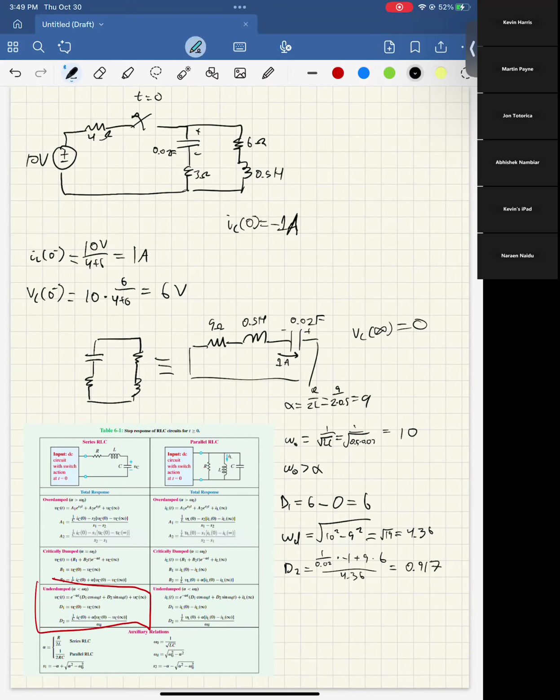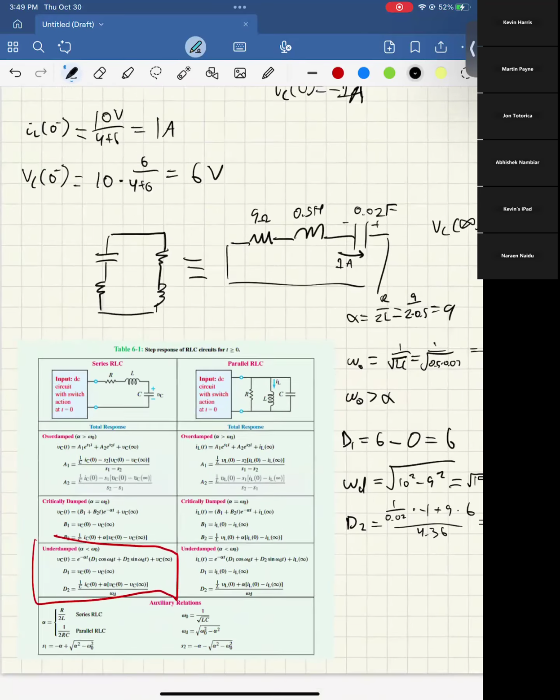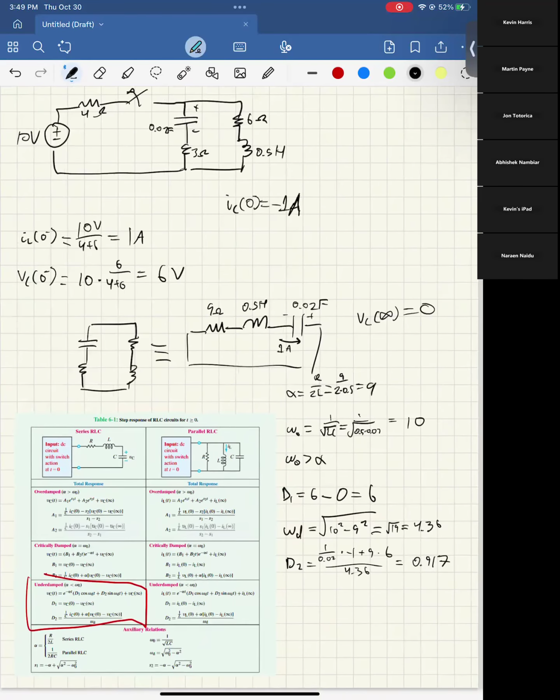Now, finally, we plug everything into the big equation. So let's see, what's the big equation?